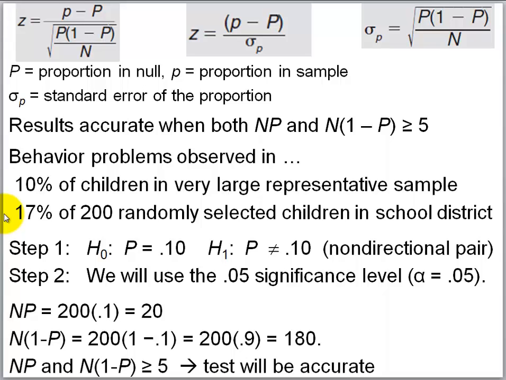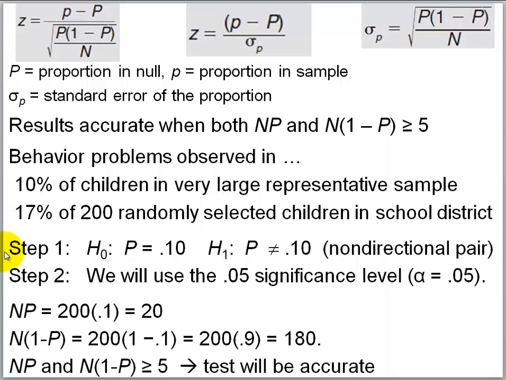So the percentage in your sample, small p, is higher than the large p, which is going to be the value that we state in the null. So the question is: is this a large enough difference that it's unlikely to be due to chance? And the one-sample test of p can help us reach a decision on this.